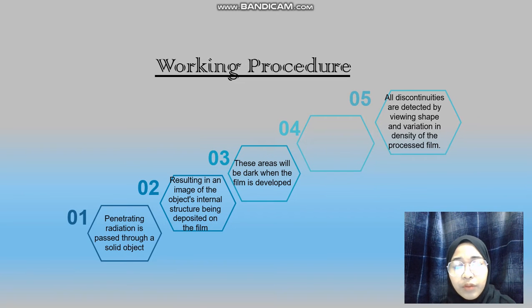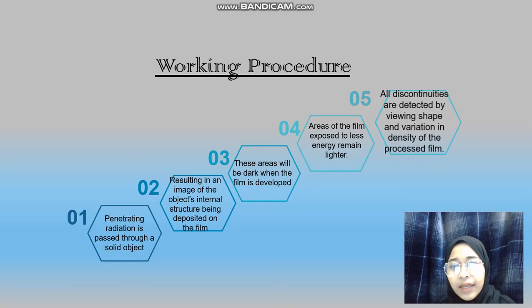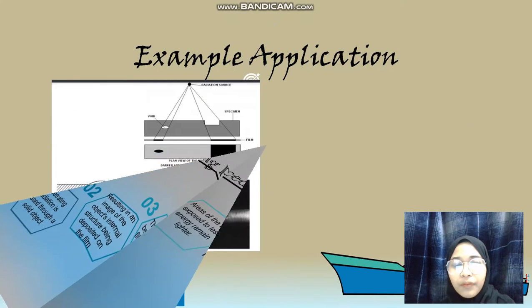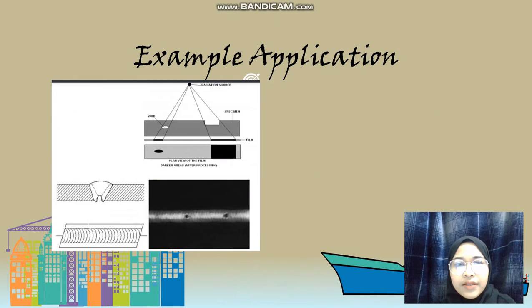These areas will be dark when the film is developed, and areas of the film exposed to less energy remain lighter. Lastly, all discontinuities are detected by viewing shapes and variations in density of the processed film. These are examples of application of RT NDT.